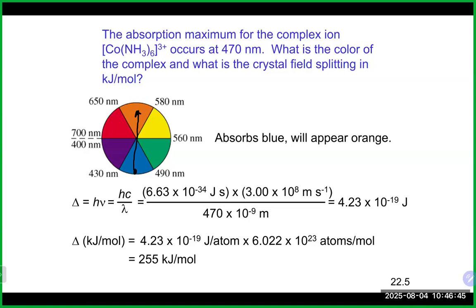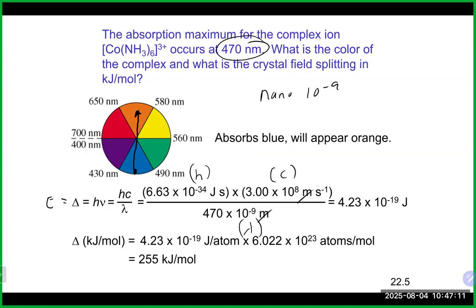We could use our equation here, which again is our energy. We're going to use hc over the wavelength since we only have the wavelength given to us. Remember that nano is 10 to the minus 9, so we do need to convert our wavelength into meters so everything cancels out. This is our Planck's constant, that is our speed of light, and this is our wavelength, again converted into meters.